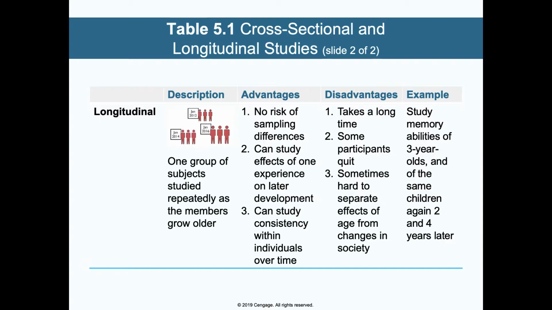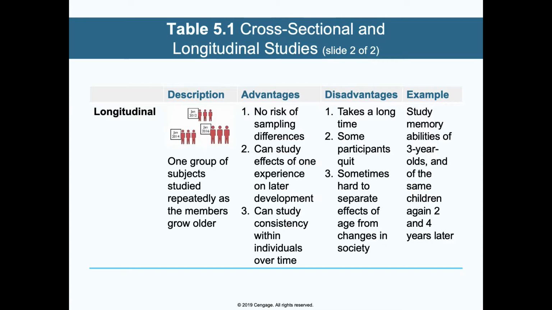grow older. So, for example, we would take a group of 3-year-olds in January 2012 and we would study their memory abilities. Then, 2 years later, we would take that same group of 3-year-olds and look at their memory abilities again. And then 2 years later, in January 2016, we would use those same 3-year-olds we started with, and they're now 4 years older, and we would study their memory abilities at that time, when they're 7 years old.